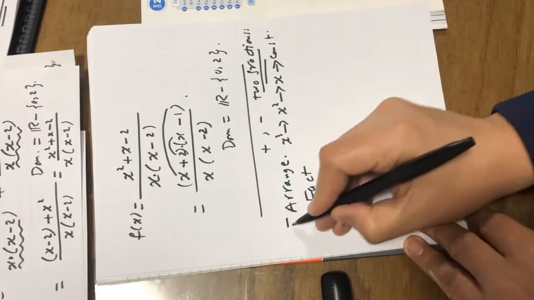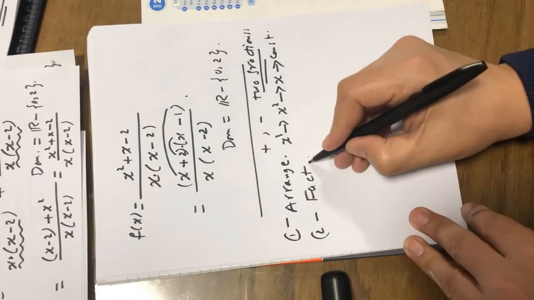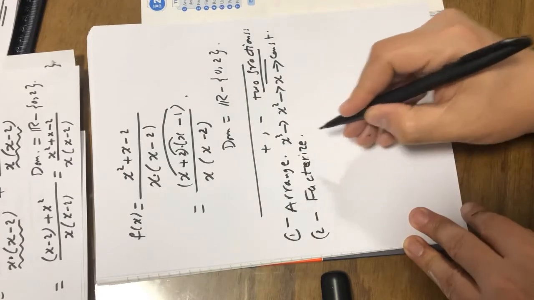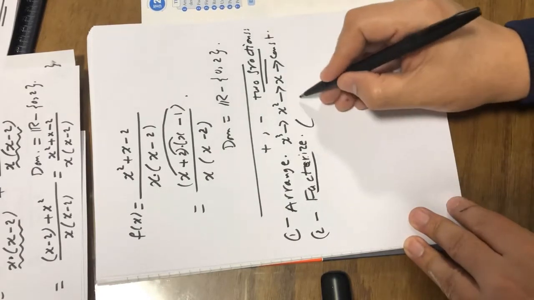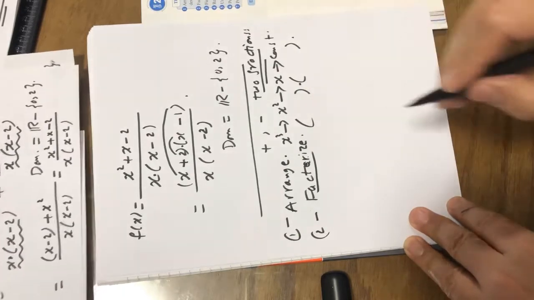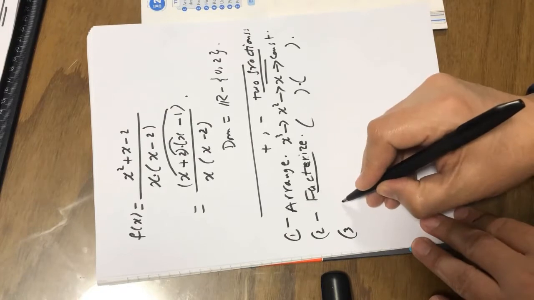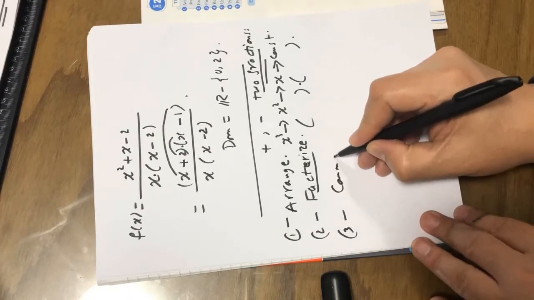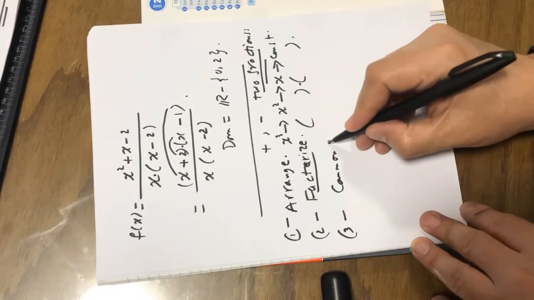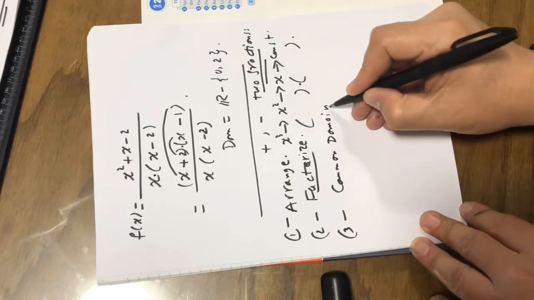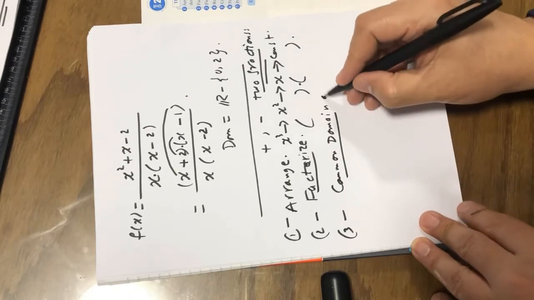Number 2, factorize the numerators and denominators, which means change them into products. Number 3, common domain. Write down the common domain of the fractions.